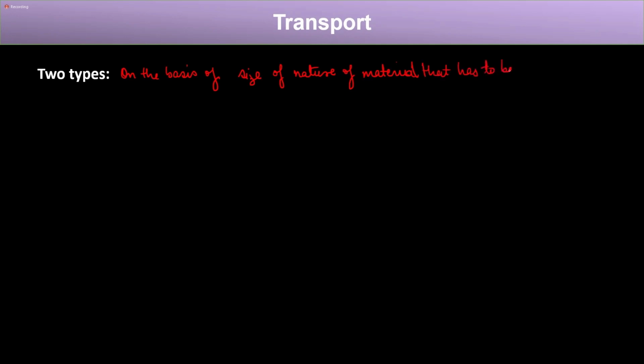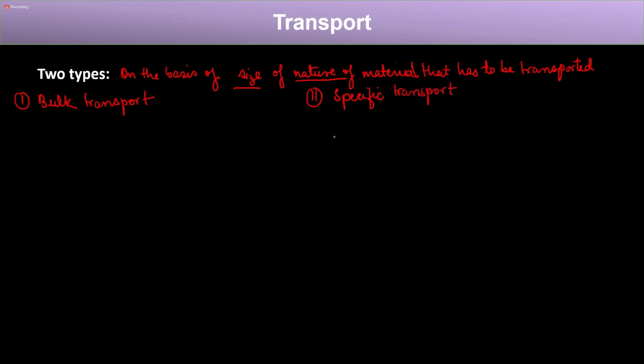On that basis, it is of two types. The first type is bulk transport, and the second type is specific transport.